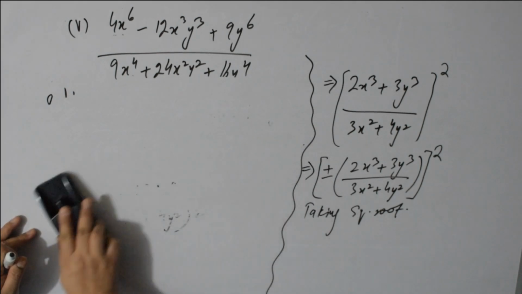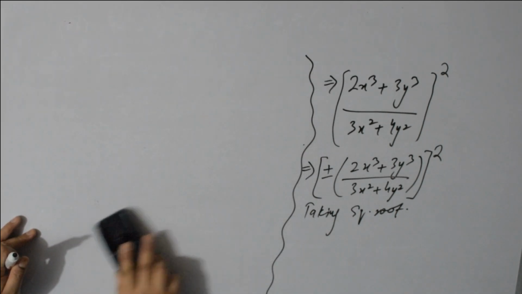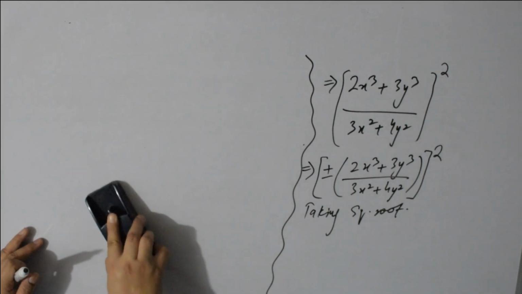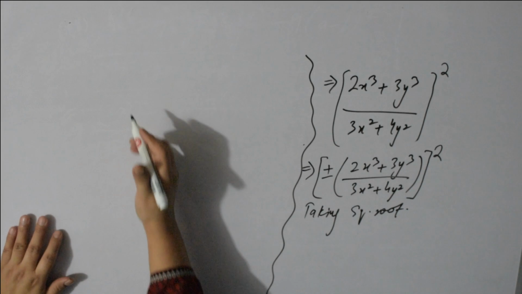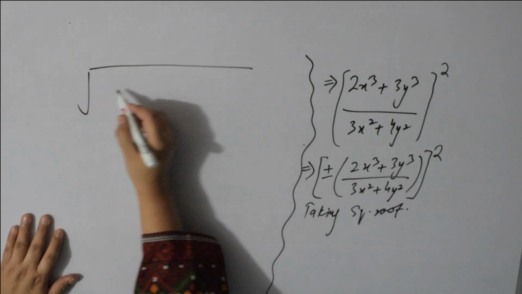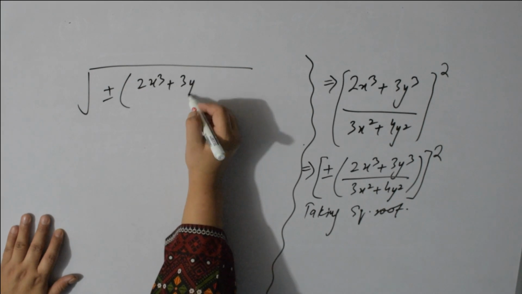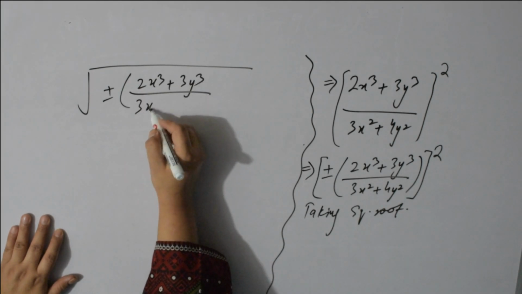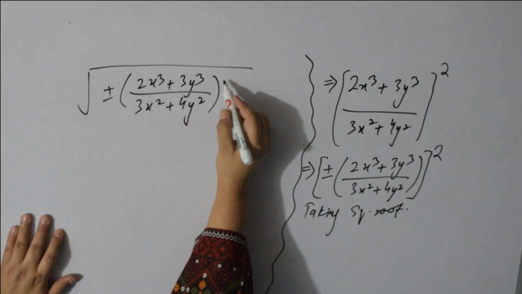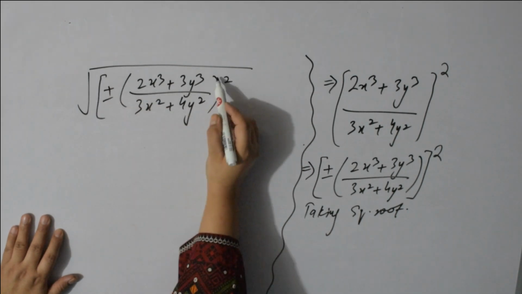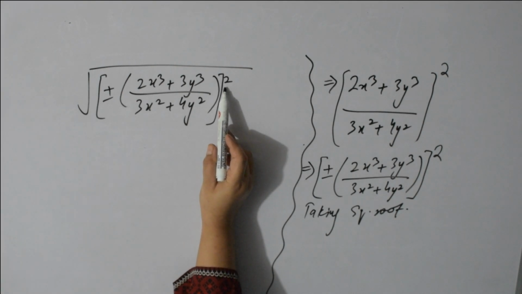Okay, I have only one side because I explained only the right hand side. On the left hand side you will write your question as it is. So take the square root, plus minus. Okay students, within this square, remember, this bracket is very important.